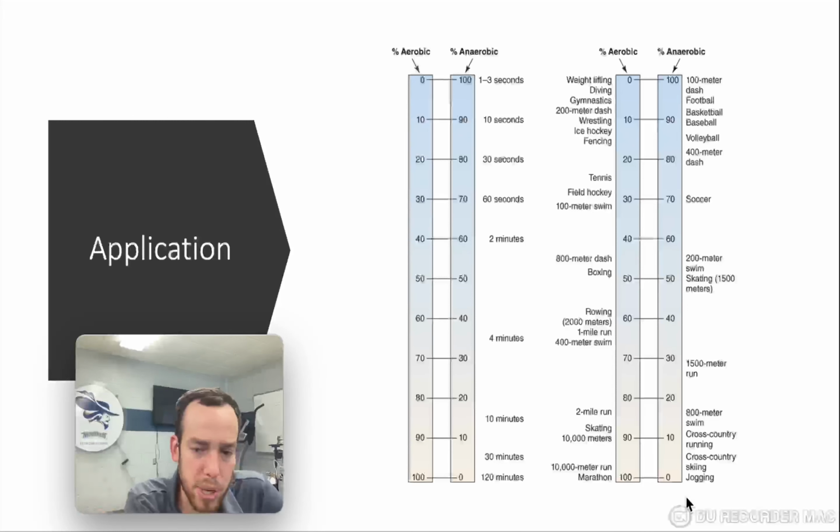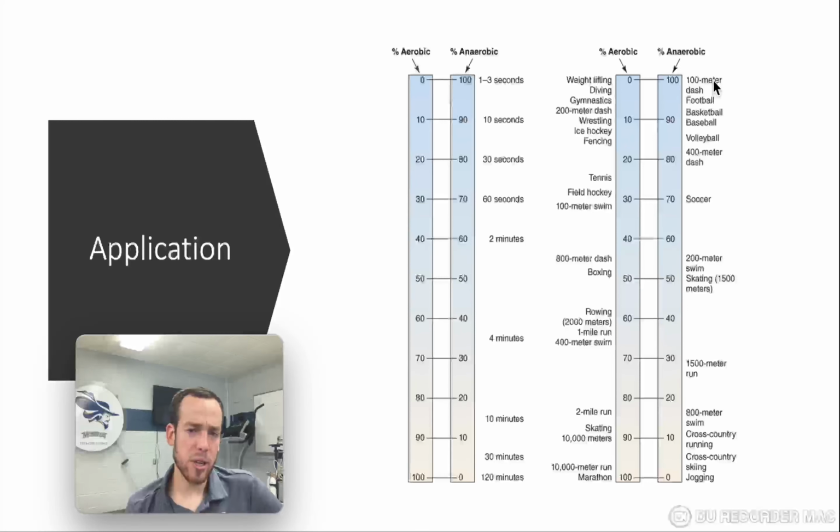So there's probably a place, while let's say a boxer might do some aerobic training and some anaerobic training because they're roughly 50-50, even a marathoner probably occasionally needs to do some sprints. It could be helpful. Or maybe someone who's doing a 100-meter dash might want to go for a cool-down jog or something like that that's aerobic.